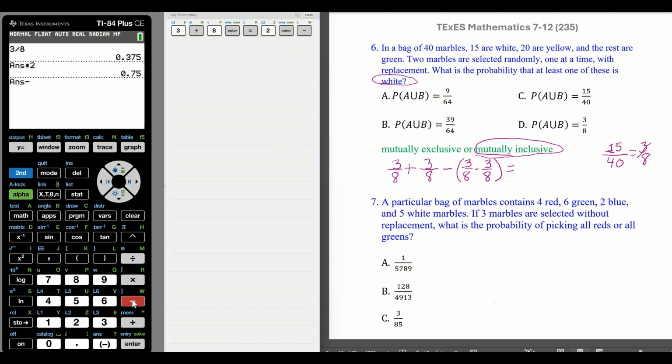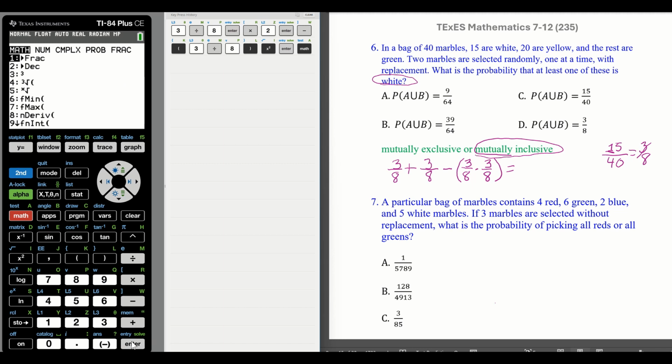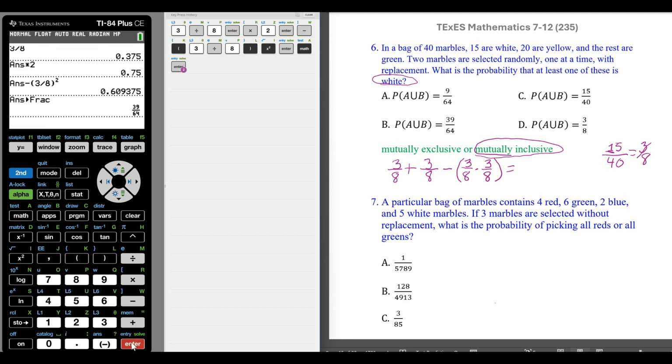Now I'm going to subtract the 3/8, but I'm going to put 3 divided by 8, close my parentheses, to the second power, because 3/8 times 3/8 is the same as to the second power. Okay, let's push enter. Math, enter, and that is our answer. 39/64.